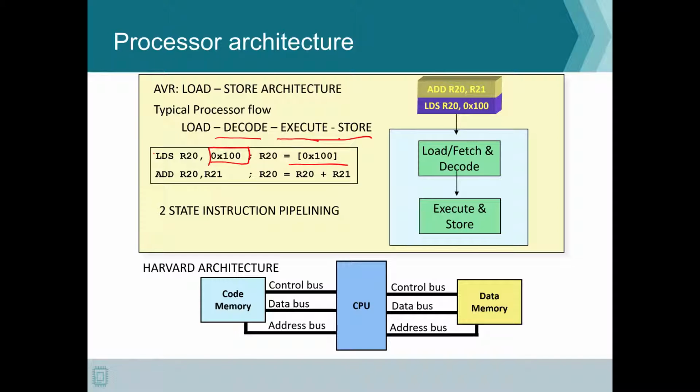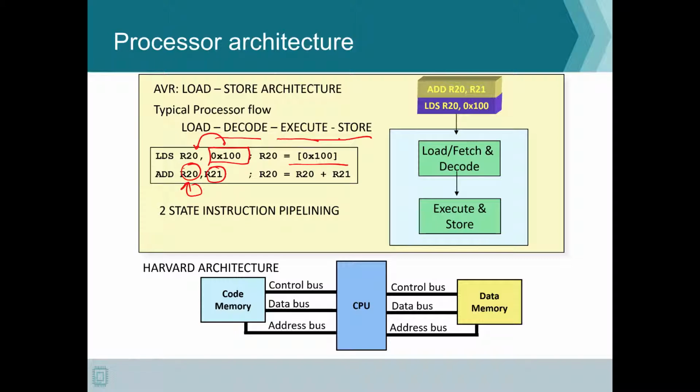That's why, instead of LDI, which is for immediate, we have LDS, which is load from storage, which is your RAM. So we are going to load from this memory location into R20, and then take the value from R21, add it to R20 and update R20. So we have these 2 instructions.